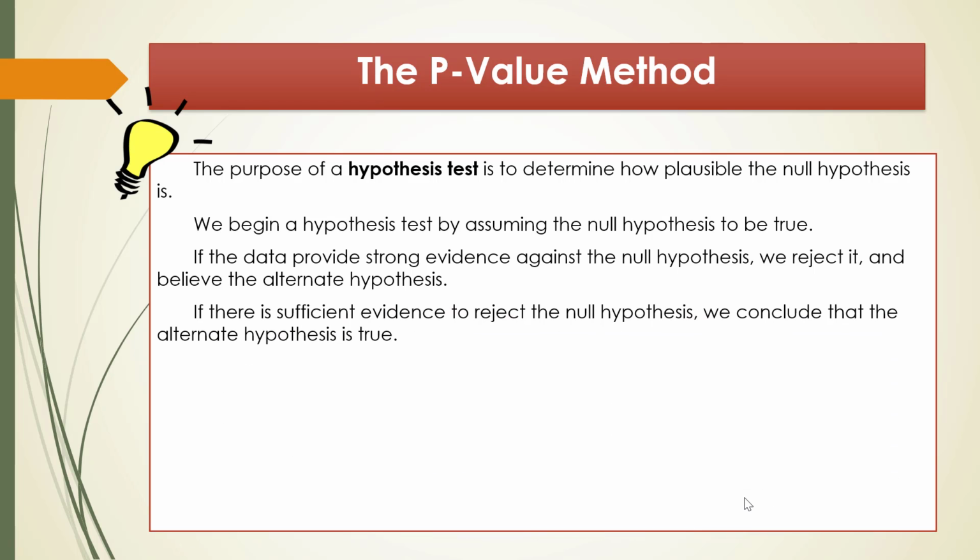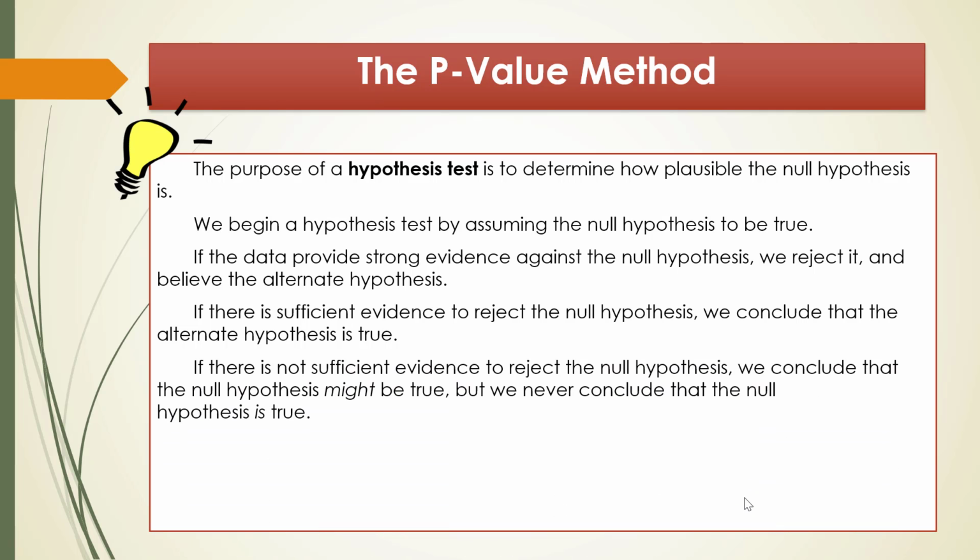If there is sufficient evidence to reject the null hypothesis, we conclude that the alternate hypothesis is true. If there is not sufficient evidence to reject the null hypothesis, we conclude that the null hypothesis might be true. We never say the null hypothesis is true. We just say it might be true.